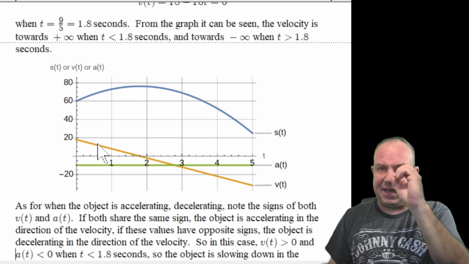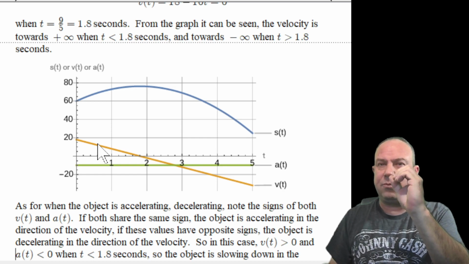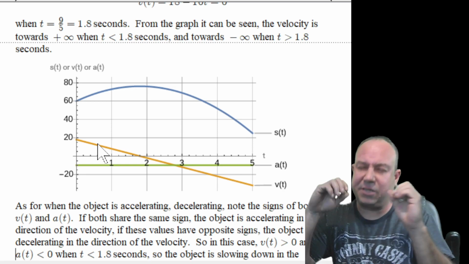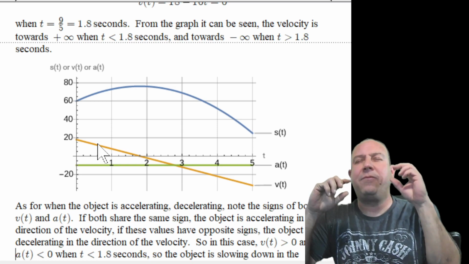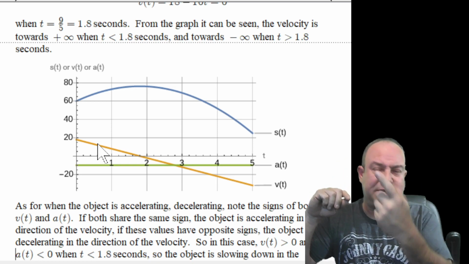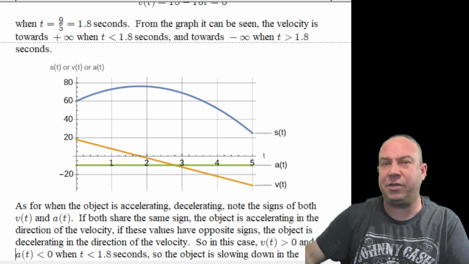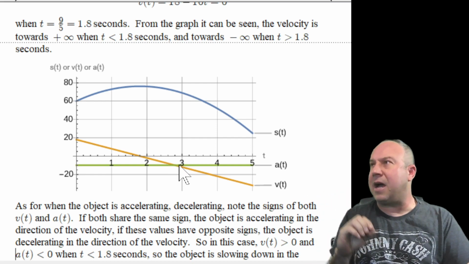When the velocity then becomes 0, we have motionless behavior. The object is motionless. We have no motion. And then when the acceleration and velocity become the same sign, as it moves in this case into the negative region and is negative along with the acceleration, when we're greater than 1.8 seconds is when the object is accelerating.